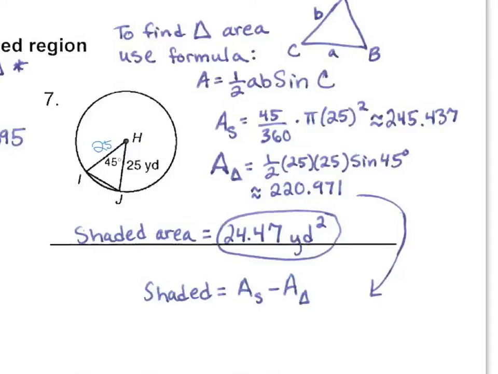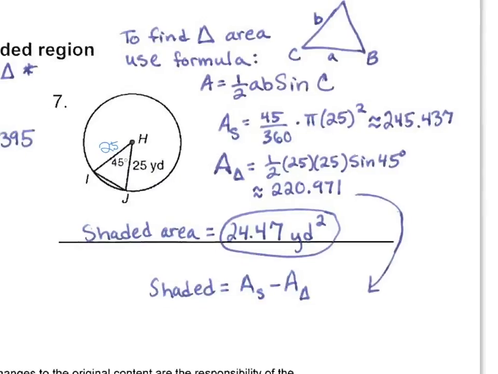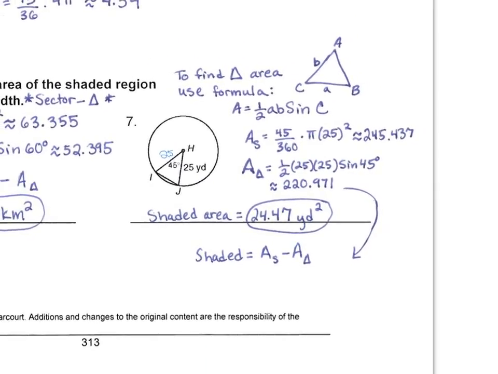And if we calculate that, don't forget to multiply by 1/2 in the front there, we get 220.971. Again, to calculate the shaded area, we just want to do the difference of those two values, the sector minus the triangle, and we get 24.47 square yards. Okay, moving on.